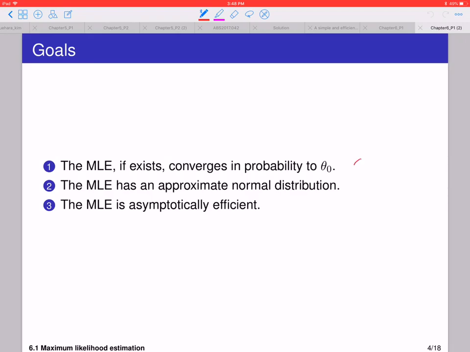That is section 6.1. And then the MLE has an approximate normal distribution, and the MLE is asymptotically efficient, meaning that it asymptotically achieves the minimum variance among a certain class. These two will be covered in section 6.2.